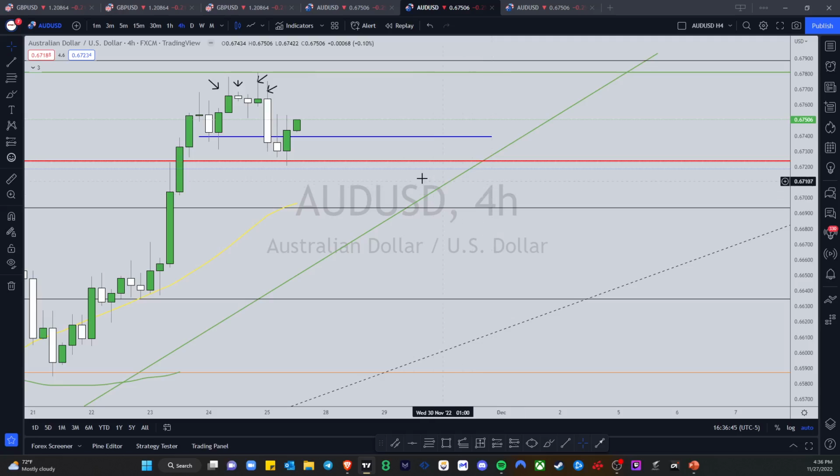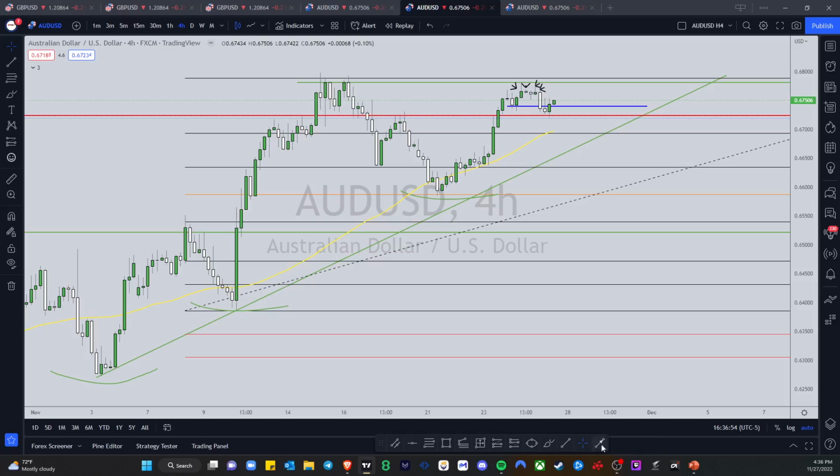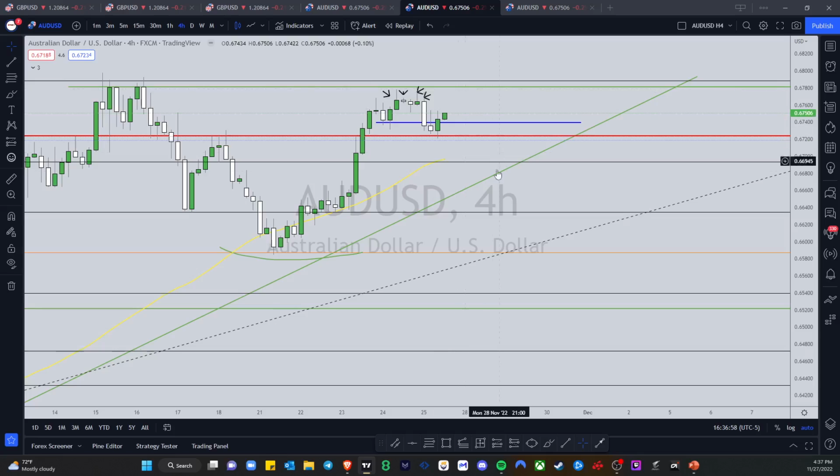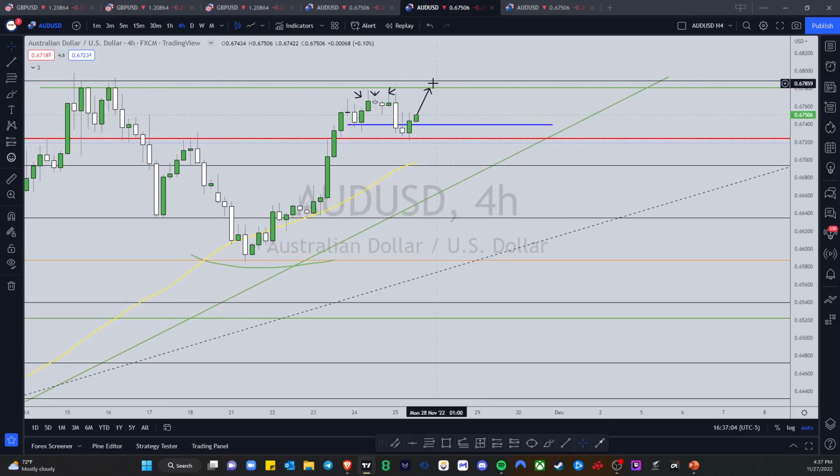So for this coming week, we should be expecting the price to continue up a little bit, find that resistance where I marked it right here. So we expect price to reach this area right here and reject, and then continue on down.